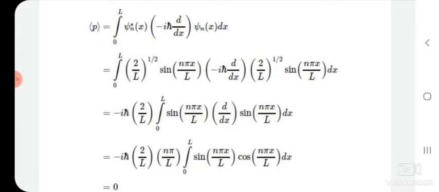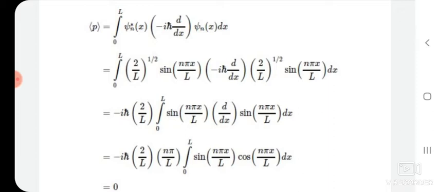So we get minus i h cross 2 by L, integration 0 to L sin nπx by L dou by dou x sin nπx by L dx.